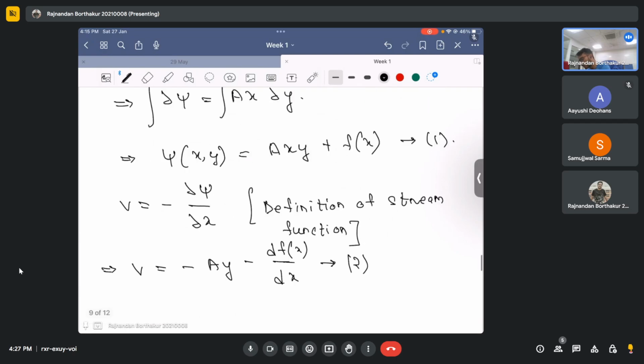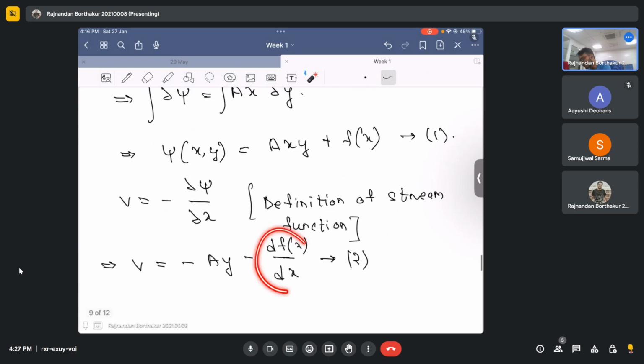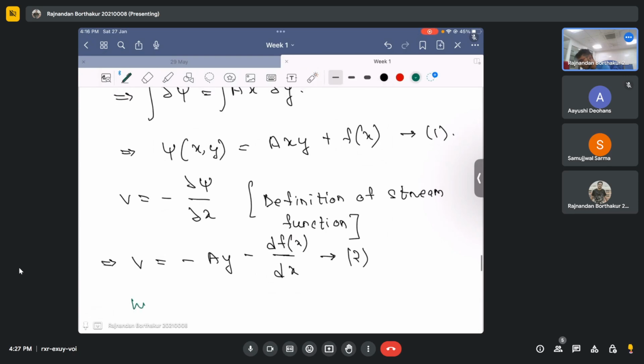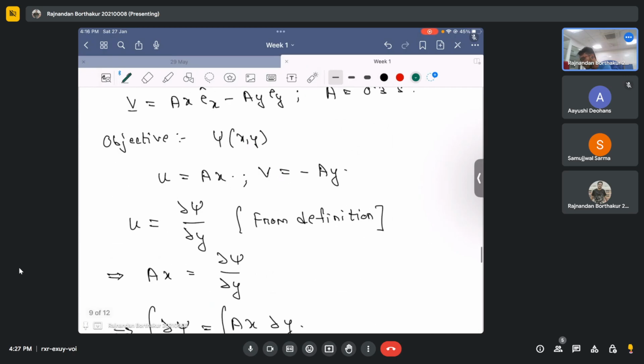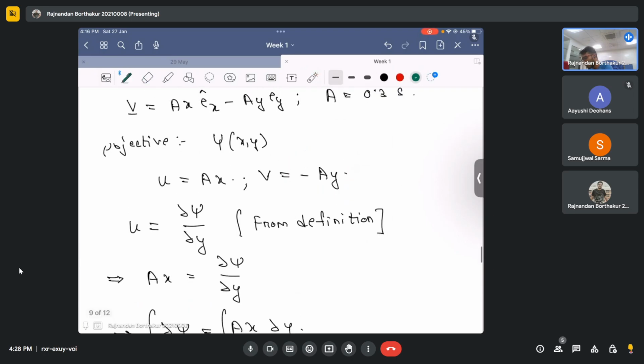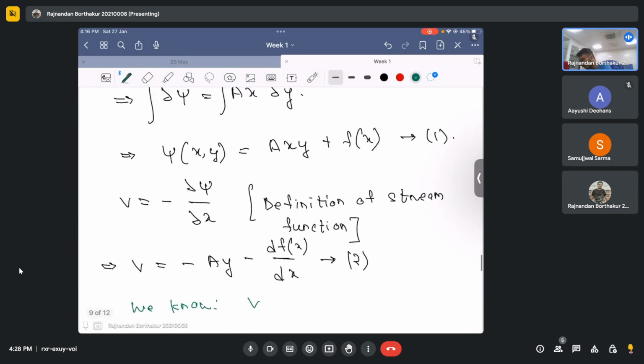We just evaluated the term del psi by del x, and this becomes df of x by dx because f of x is solely a function of x only. Now we already know that v, the v component of velocity, is nothing but minus a times y. This is given to us.